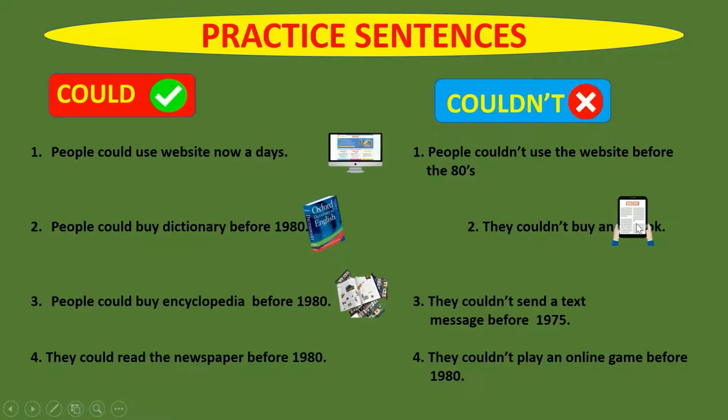They couldn't buy an e-book. People could buy encyclopedia. They couldn't send a text message. No cell phone yet. And they could read the newspaper before, but they couldn't play an online game.